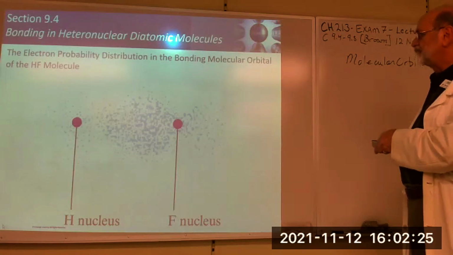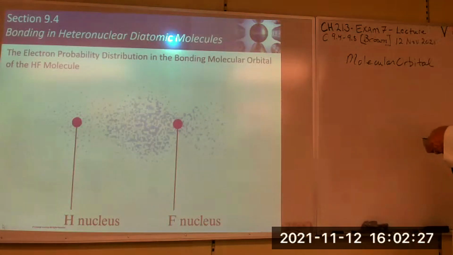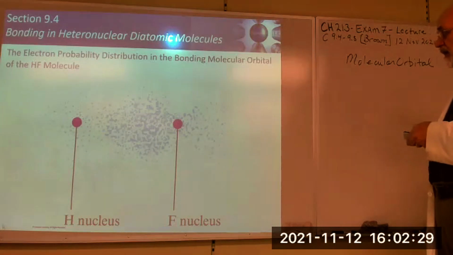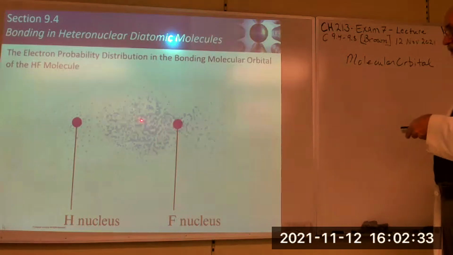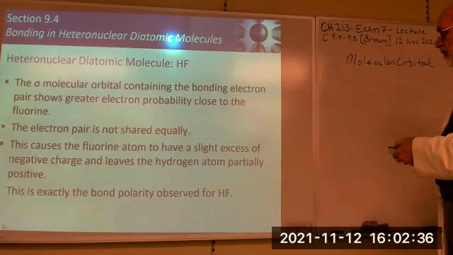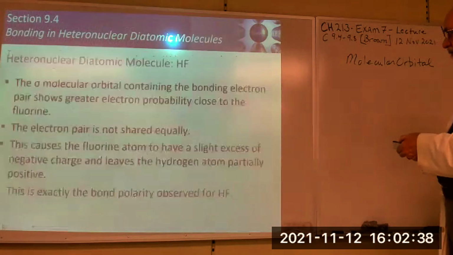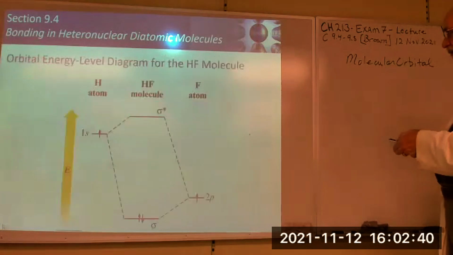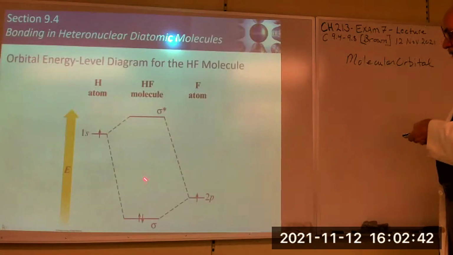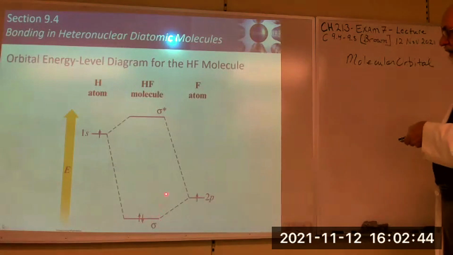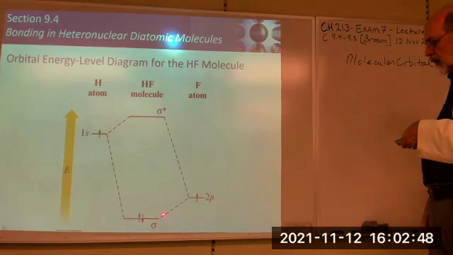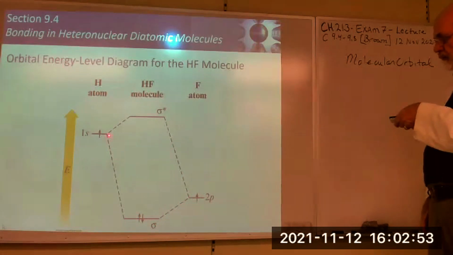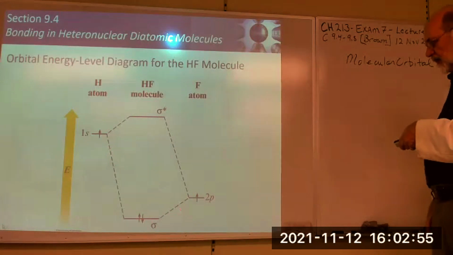Okay, let's see. Probability distribution should put the electron density closer to fluorine. Even in molecular orbitals, you would see the, let's back up. Right. If you see the energy level here is closer to the fluorine energy level when it forms, right? Further away from the hydrogen.